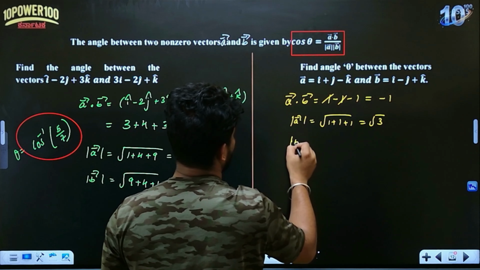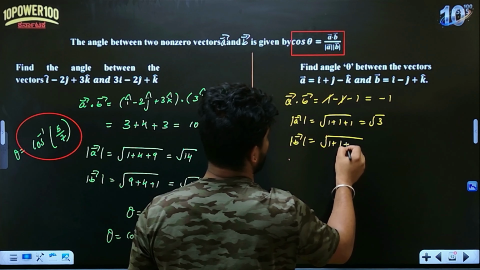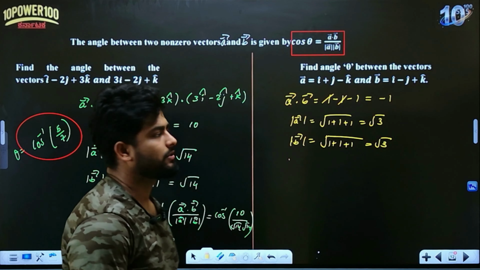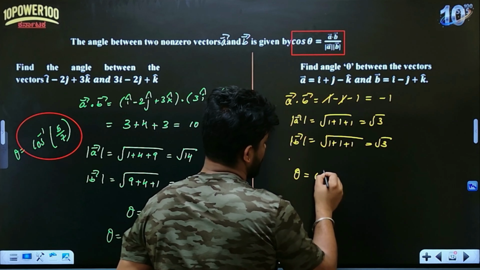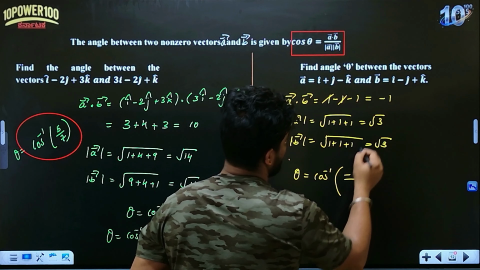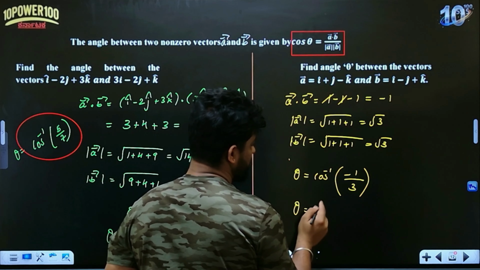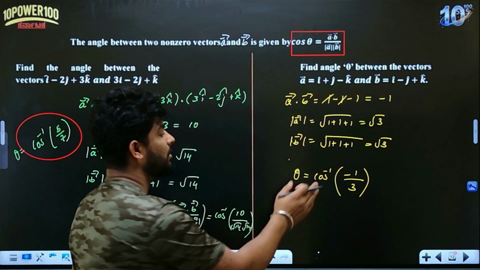Next, magnitude of vector b is 1 plus 1 plus 1, also root 3. So next, theta is equal to cos inverse of a dot b, that is minus 1, divided by root 3 into root 3 is 3, so minus 1 by 3. Theta is equal to cos inverse, you can stop it here itself, no problem. But what is cos inverse of a negative value?